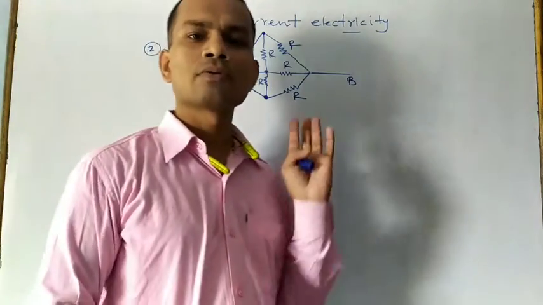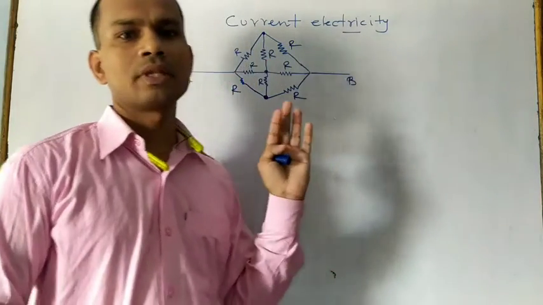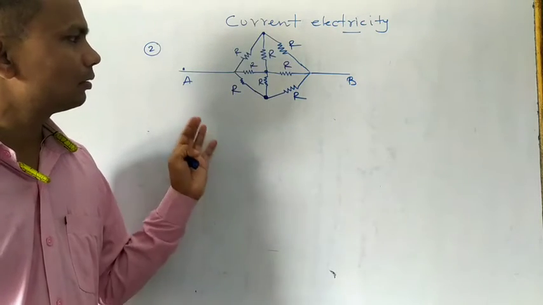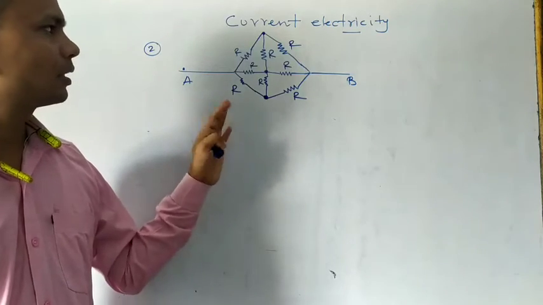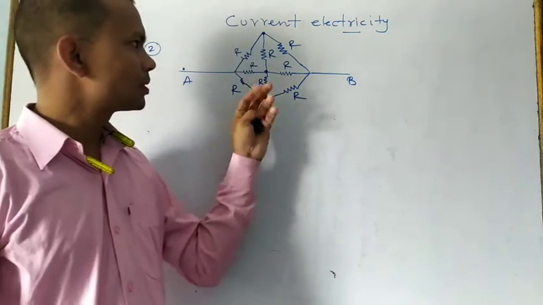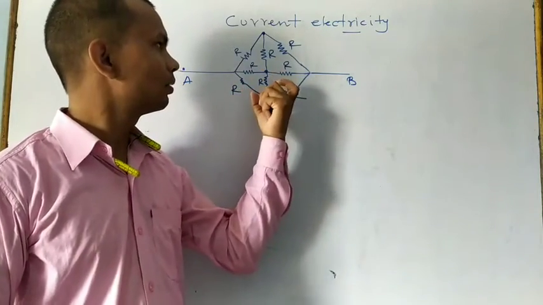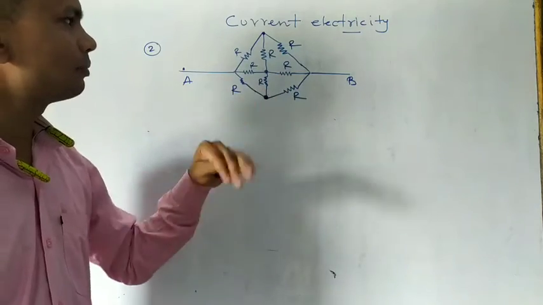In this problem we want to calculate again the equivalent resistance of the given network. For calculation of the equivalent resistance of this network, you have to see all the resistances are connected in the form of a rhombus, and these are the two diagonals of the rhombus.